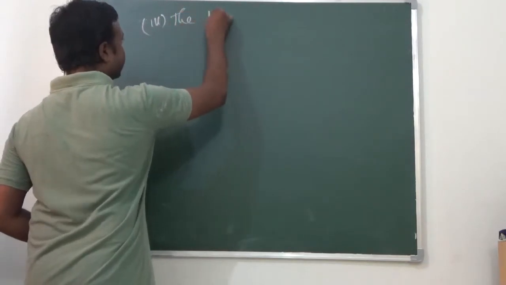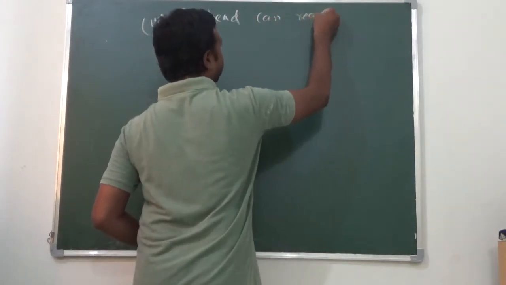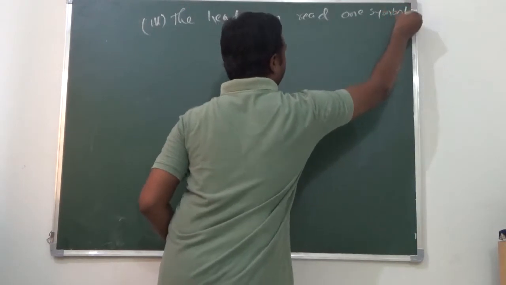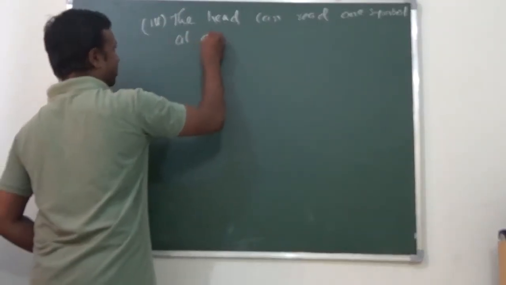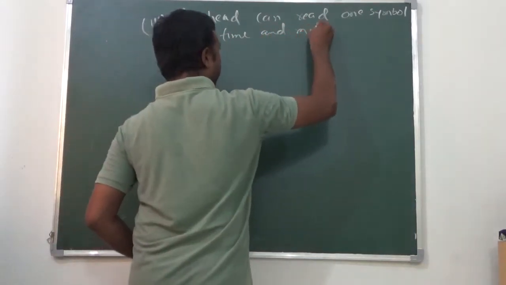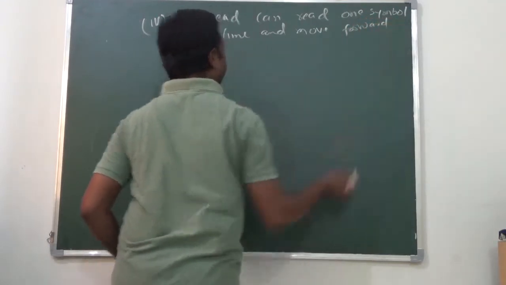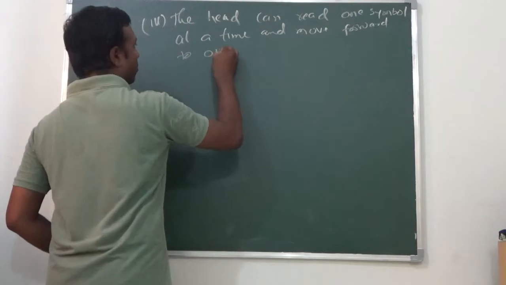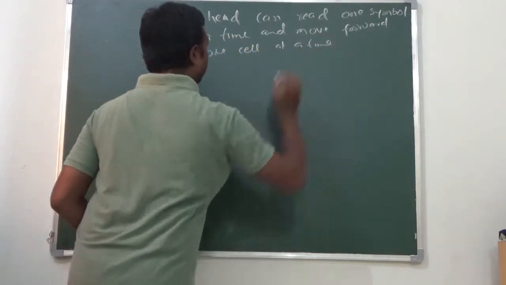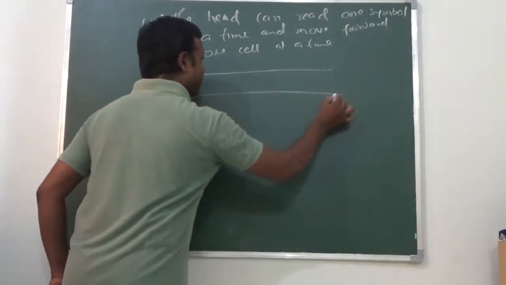The read head, the head can read one symbol at a time and move forward to one cell at a time. Okay, so suppose this is a tape.